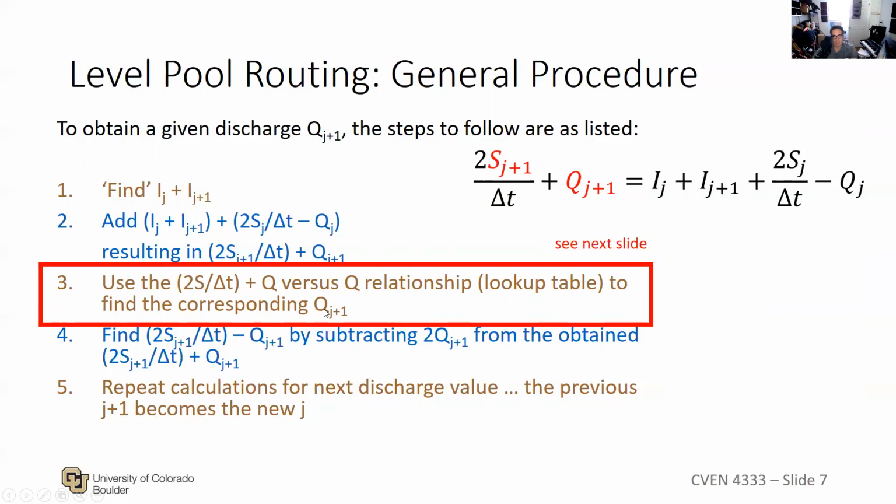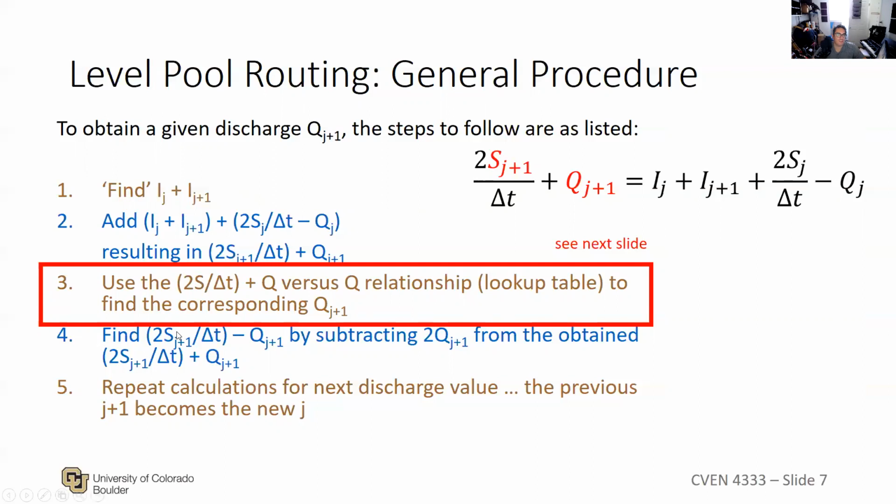Once you have that, the puzzle portion of this is over because you have Q_j+1. And remember that when you are at the current time step, when you find Q_j+1, that is equal to what Q_j is at the next time step. So in step 4 of this procedure, you're already getting ready for the next time step.